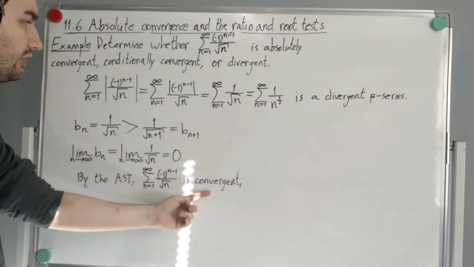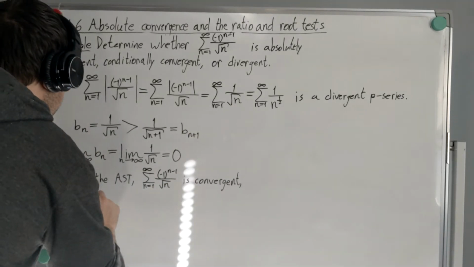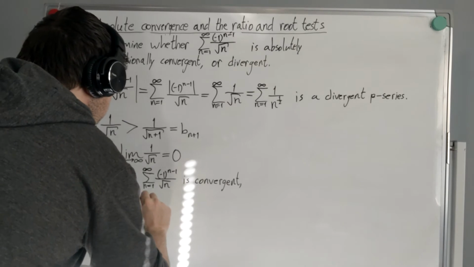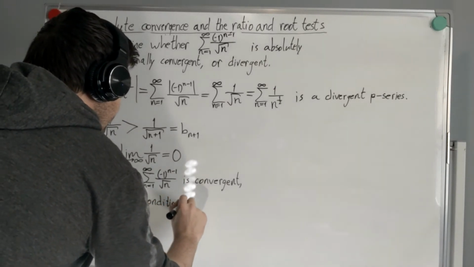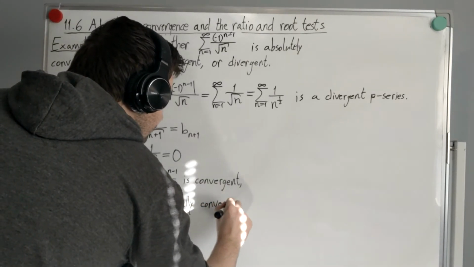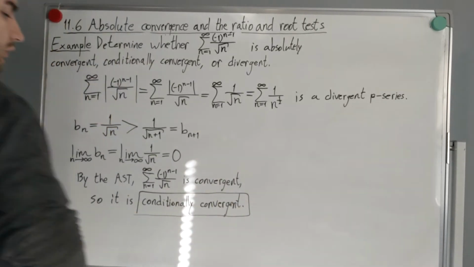If it's convergent but not absolutely so, then that means it's conditionally convergent. Okay.